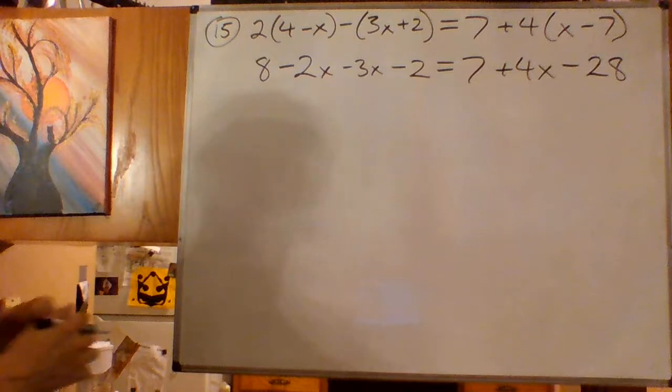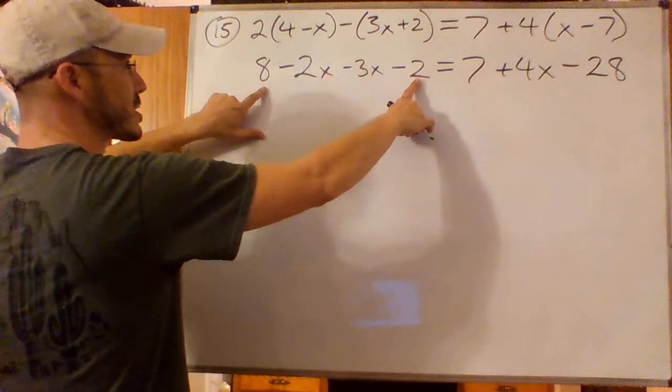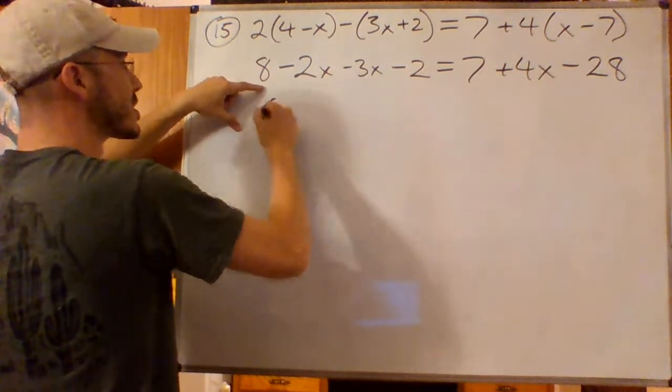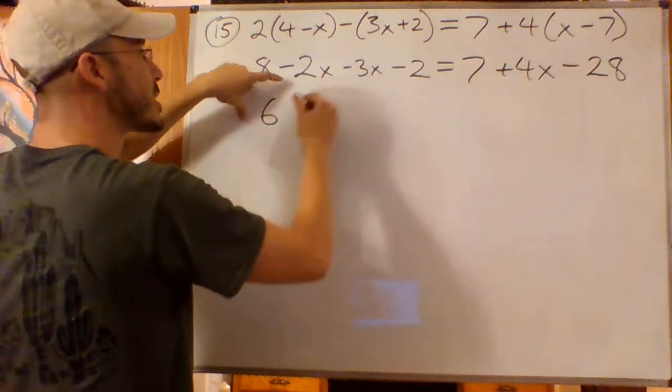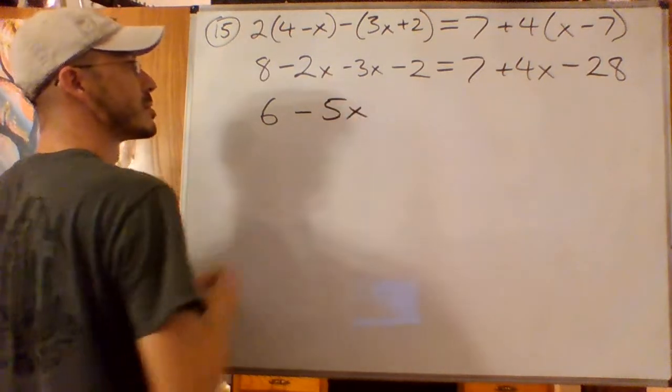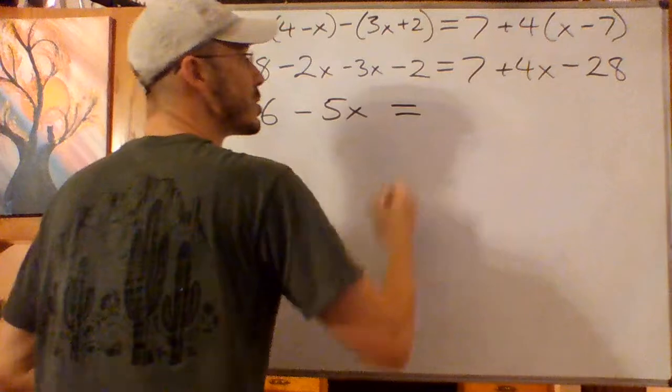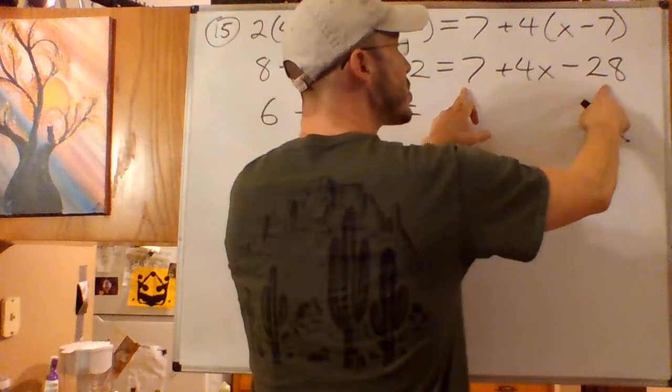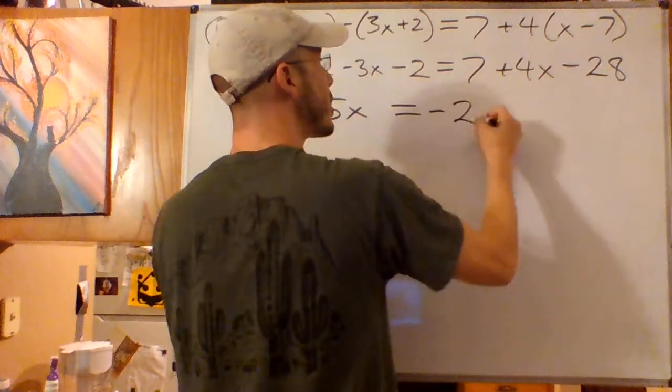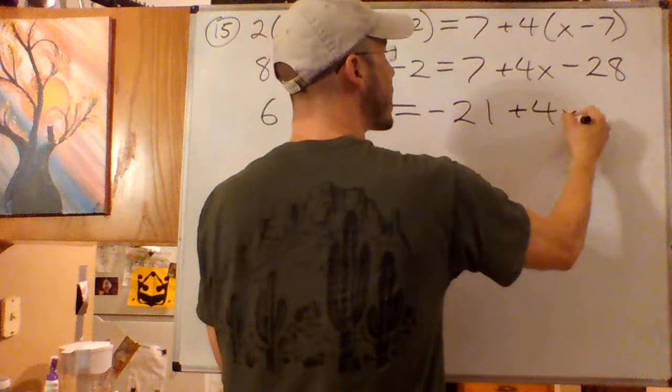Now I'll combine like terms where I can. Just because the constant comes first, 8 minus 2 is 6. Minus 2x minus 3x is minus 5x. That's equal to 7 minus 28 is negative 21 plus 4x.